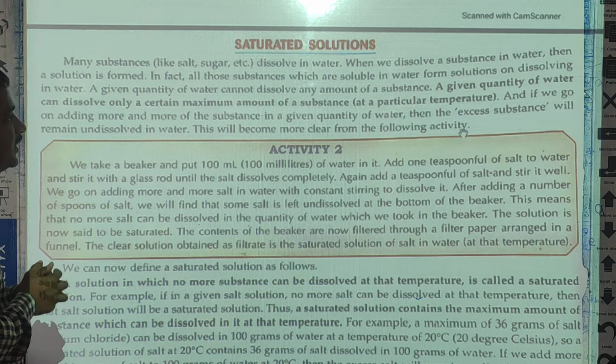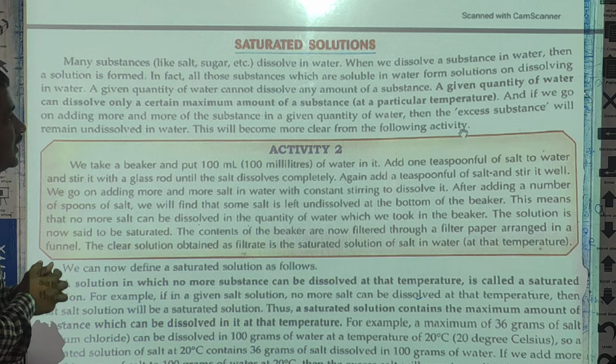So that solution is called a saturated solution, meaning we cannot dissolve more substance in it. It means that the saturated solution contains the maximum amount of substance. If you have, suppose, sugar, then that saturated solution contains the maximum amount of dissolved sugar. Okay students, now see, one example is given here.